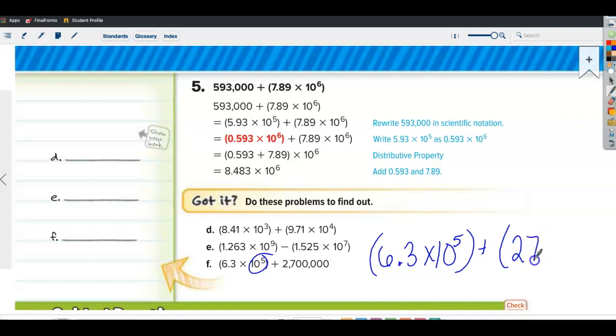And then we have 27 times 10 to the what? How many times did you move your decimal? 5, so times 10 to the 5th. Okay, what could I pull out that is the same, Sean? What is the same from both of these? Okay, so times 10 to the 5th. So then I can rewrite it.